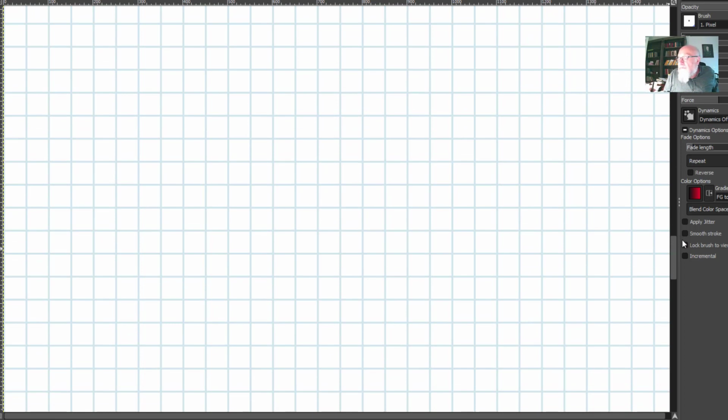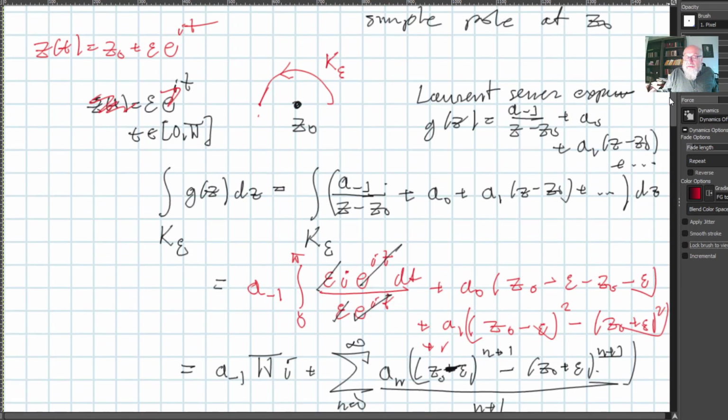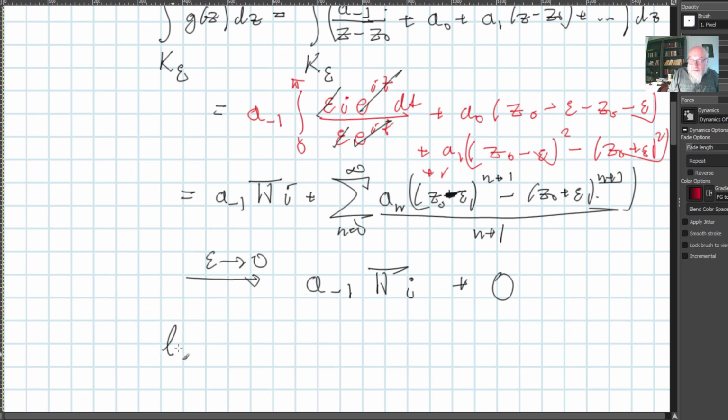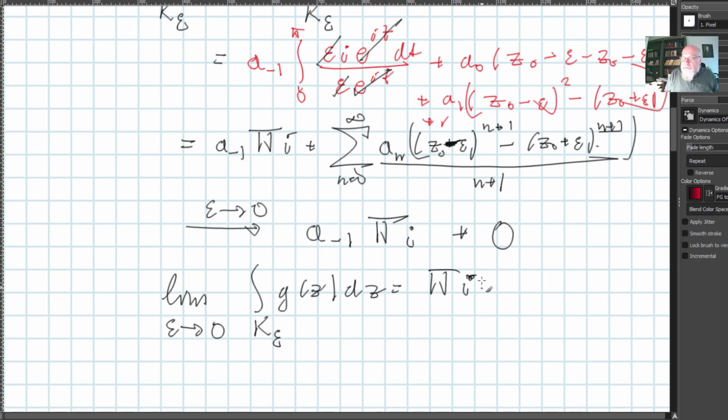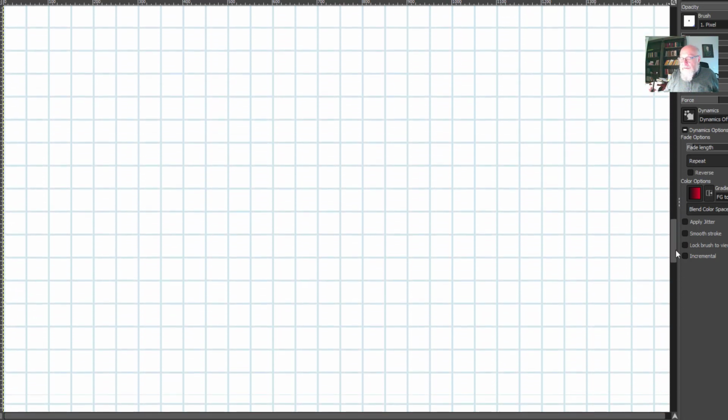In such a case, the limit as epsilon goes to 0 of the integral over the small semicircle C epsilon of g of z dz is equal to pi i times the residue of g of z at z0. Very good. Good.